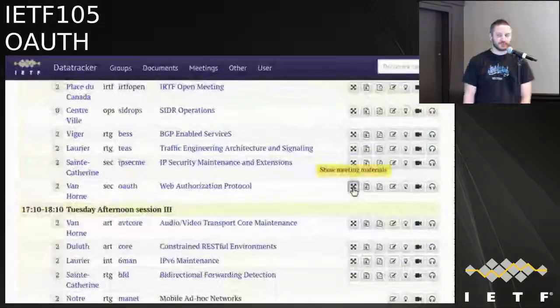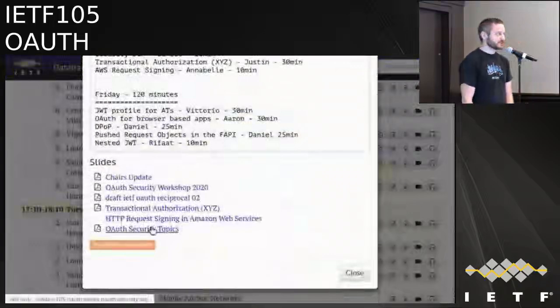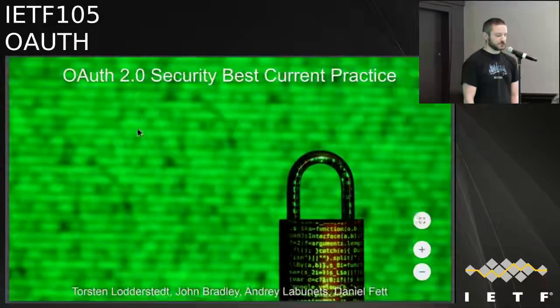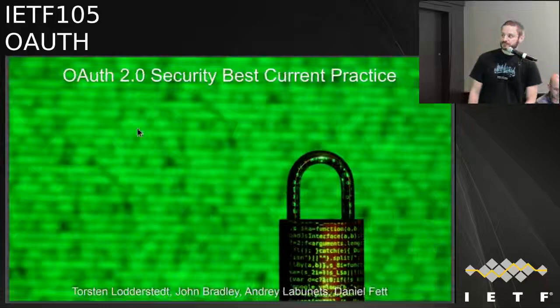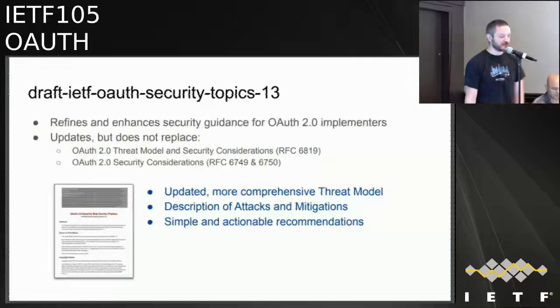So it's me again. Hello. I'd like to talk about the OAuth security best current practice. It's currently a working group draft, and it's very close to a finished state. What's in the draft? Well, this BCP refines and enhances the security guidance that we already give, for example, in RFC 6819, and also in the security considerations of 6749 and 6750.